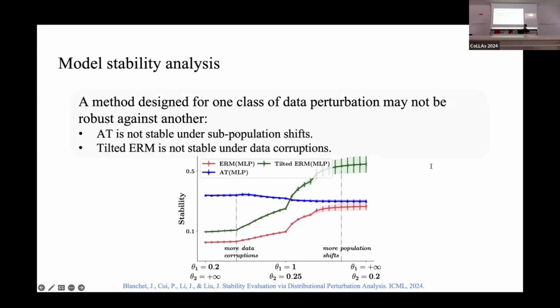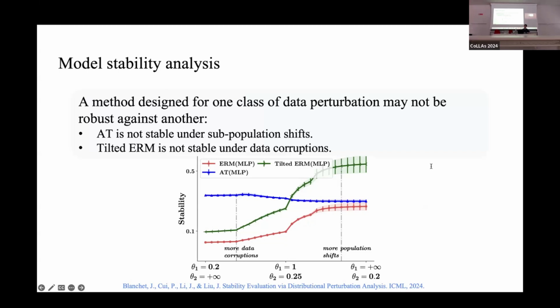And here are the results of our evaluation metric. If we look at the left side, our measure mainly focuses on data corruptions. In this case, adversarial training performs the best because it is designed for such a kind of shift. However, if we look at the right side, where we mainly care about subpopulation shifts, we find that adversarial training performs similarly to the vanilla ERM method.